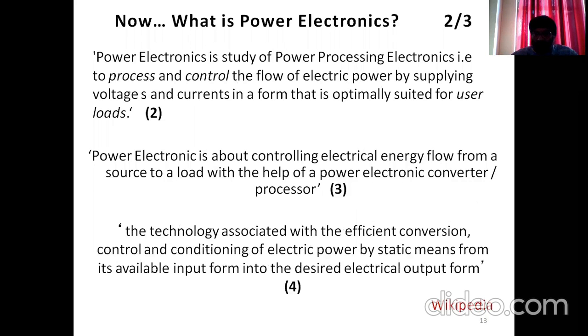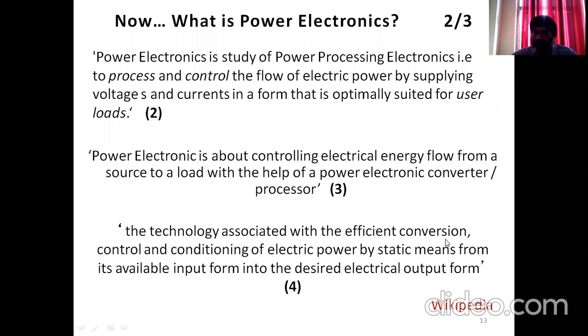This is the definition adopted by Wikipedia: the technology associated with the efficient conversion, control and conditioning of electric power by static means from its available input form into the desired electrical output form. Again, the same thing, but the only addition over here is the static means.